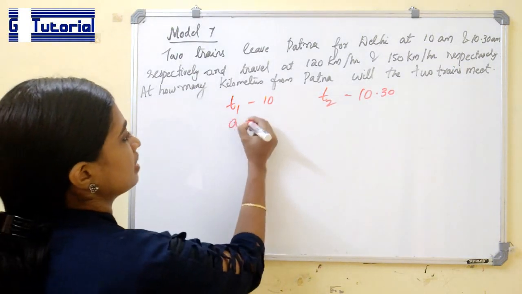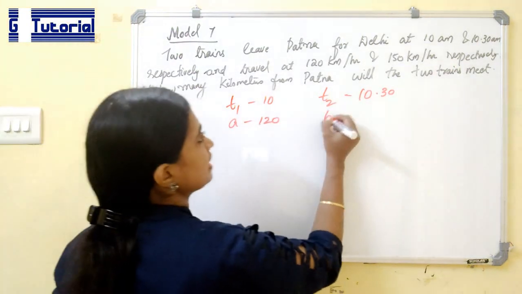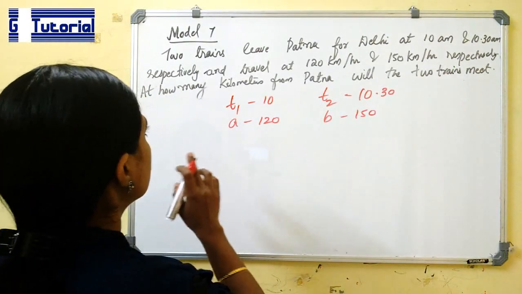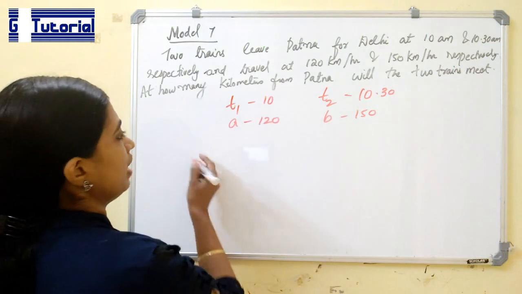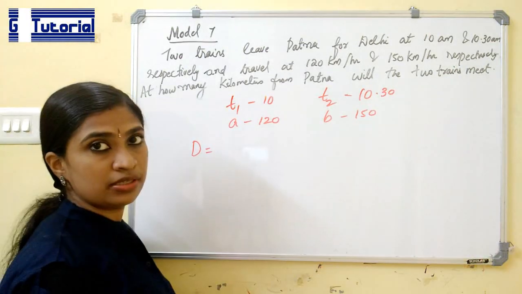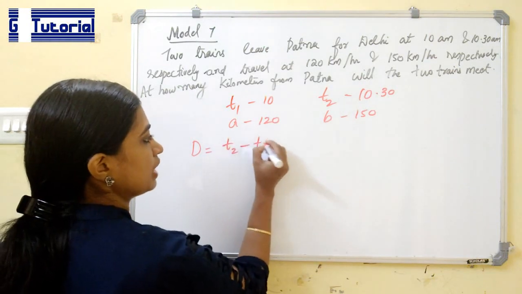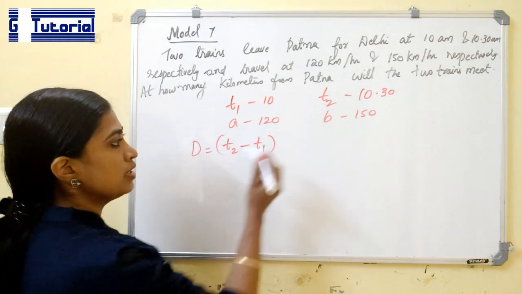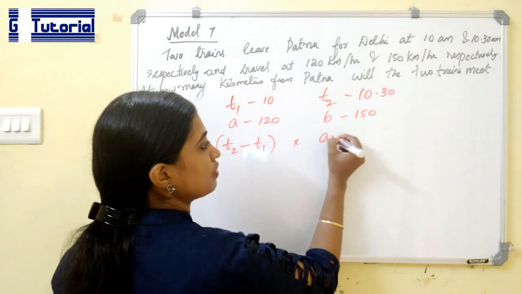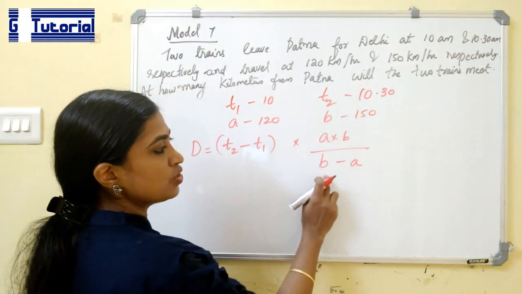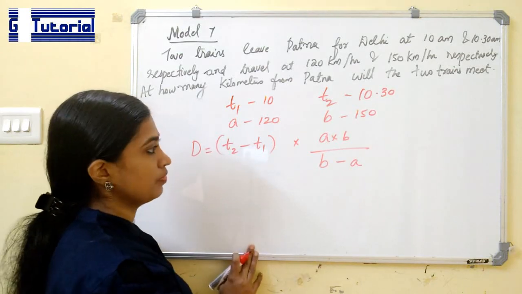First speed is 120 and second speed is 150. So we are asked to find the distance from Patna after which they meet. So it is given by the difference of time, T2 minus T1, T2 is the larger time, into the product of the speeds divided by the difference of the speeds. Because B is greater, we are taking B minus A.